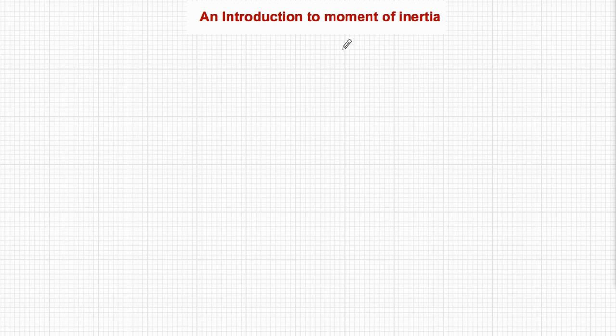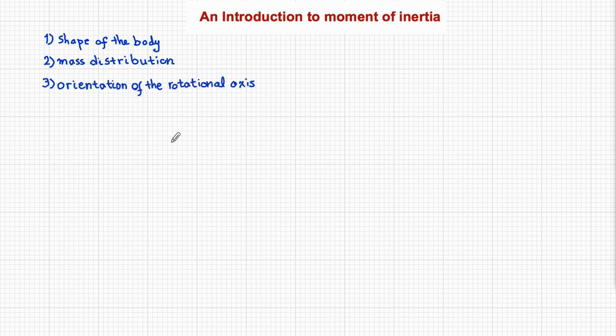So in linear motion, we have learned about mass and how it resists acceleration. Moment of inertia is similar, but for rotation, and it's like the rotational equivalent of mass. It depends on the shape of the body, mass distribution, and orientation of the rotational axis.